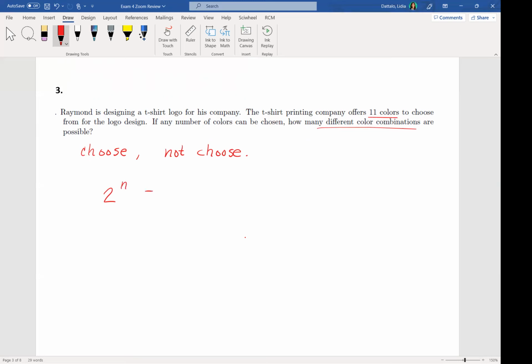So 2 to the n, because n equals 11 colors, that'd be 2 to the 11. If you put that in the calculator, there are 2,048 different color combinations.